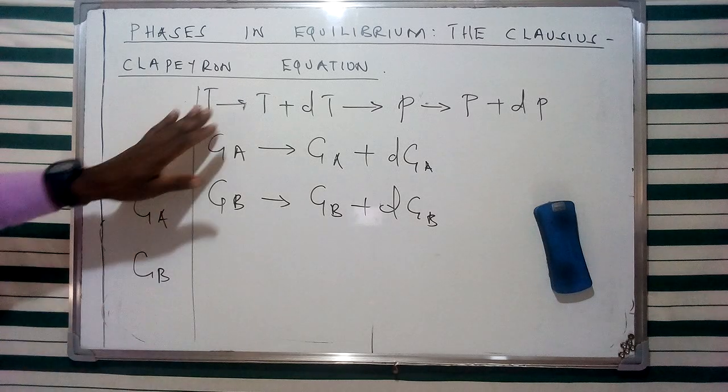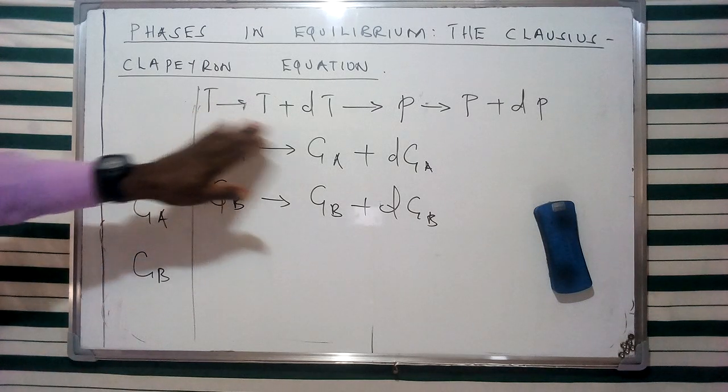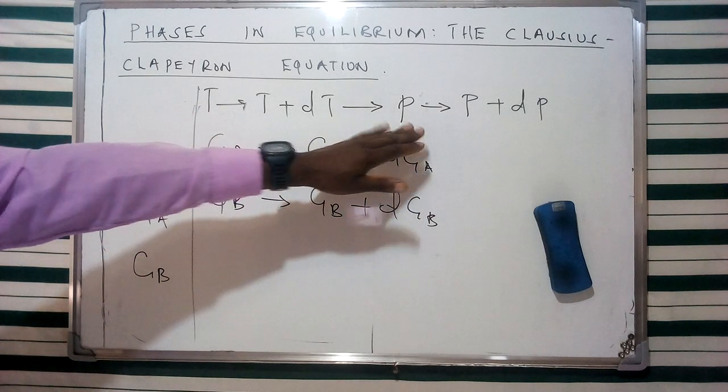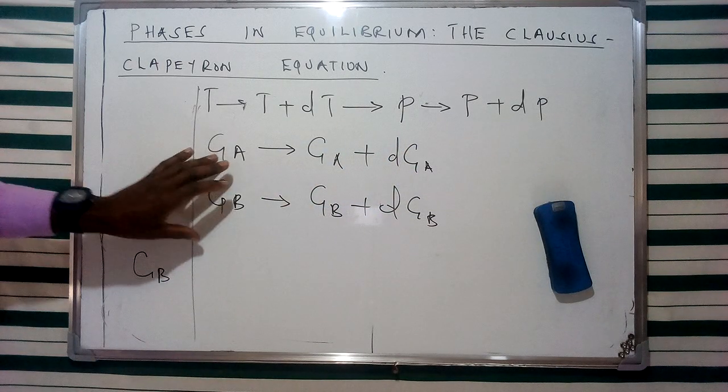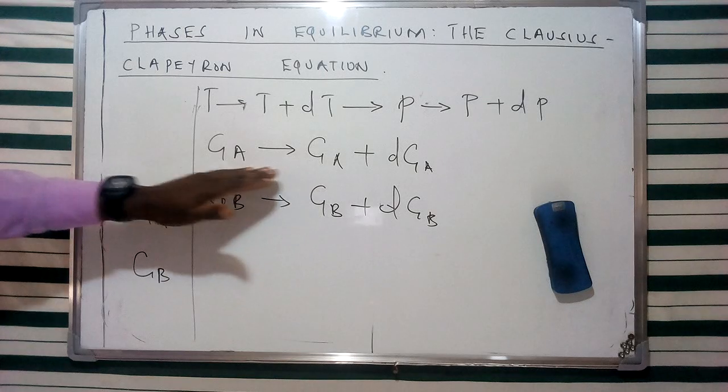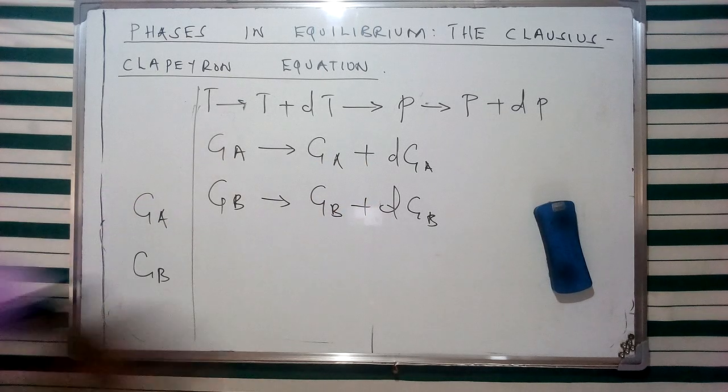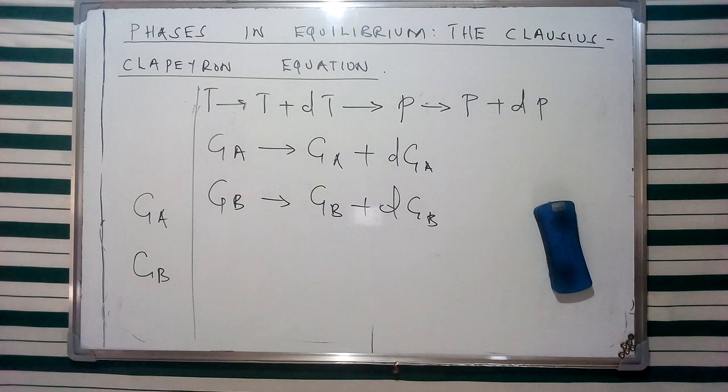So an increase in the temperature is going to have a corresponding increase in pressure in the two phases of this substance. And an increase in Gibbs free energy for the first phase is going to have a corresponding increase in Gibbs free energy for the second state. So this is going to ensure that the equilibrium is maintained.